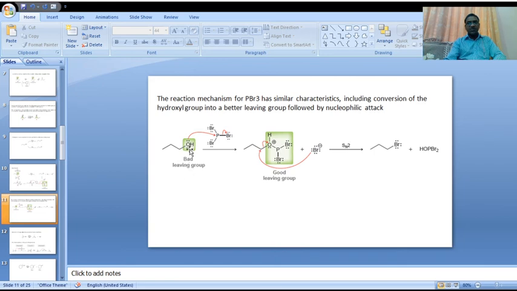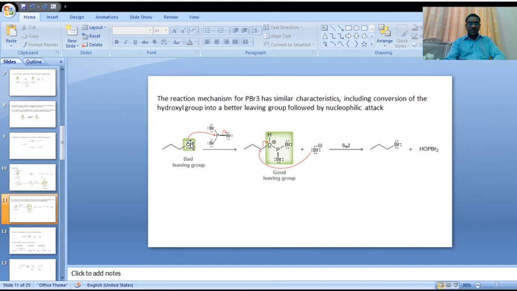First, this bad leaving group is converted into a good leaving group in the presence of phosphorus tribromide.